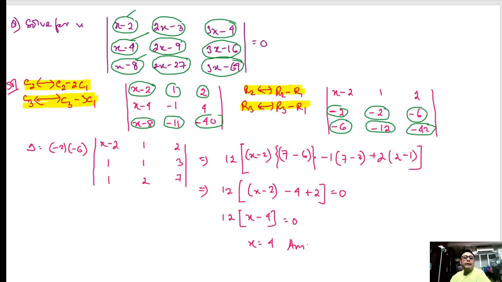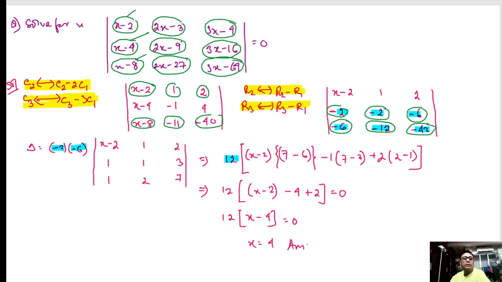Okay. So now as you can see from here, we can take out a minus 2 common. From these, minus 6 common. From these, so what is left is this, it is 12, and now we will expand it through any column or any row.